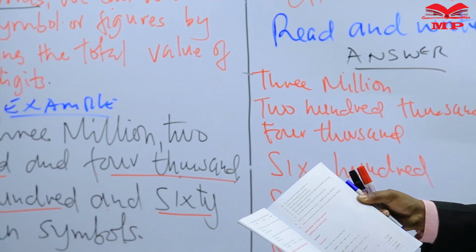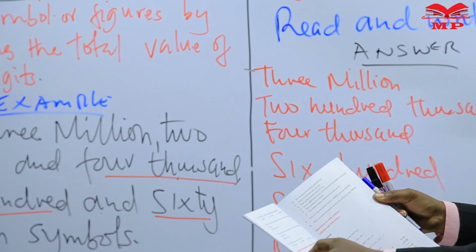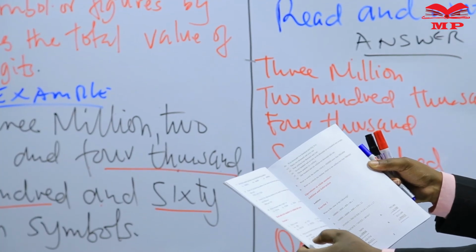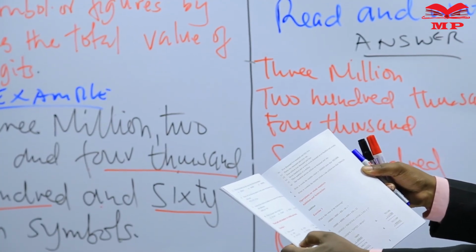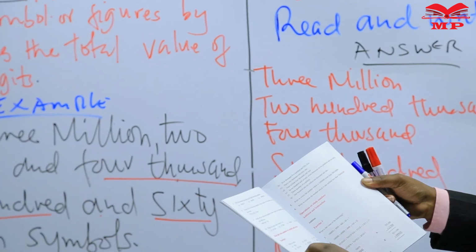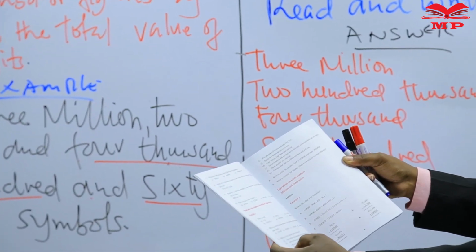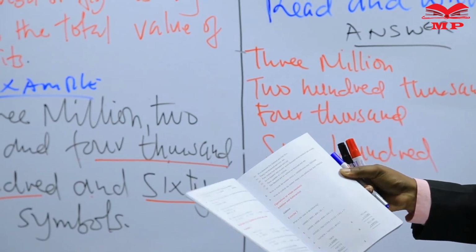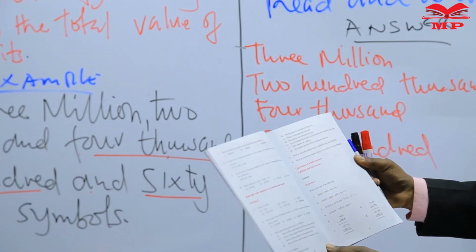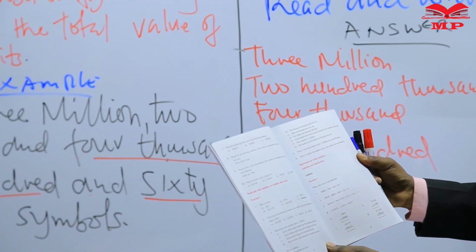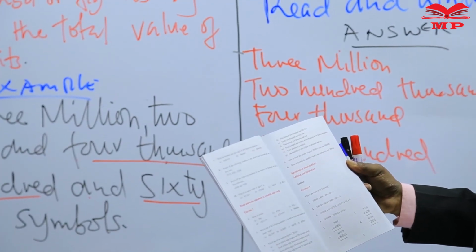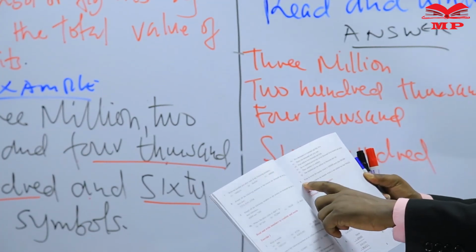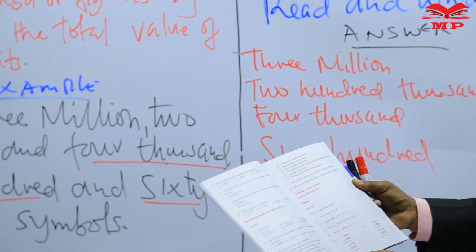In this lesson, I'm giving you exercise 2, number 2, then number 3, number 4 is write in symbols. The first one is 880, you write in symbols. B, 4,555, you write that in symbols. C, 32,061, write in symbols. Then attempt question 6 and question 5.